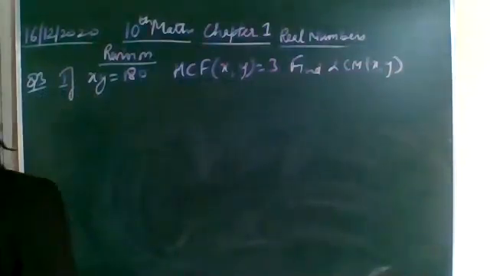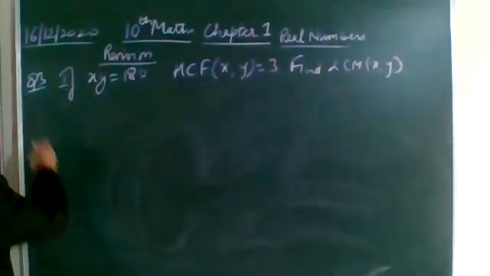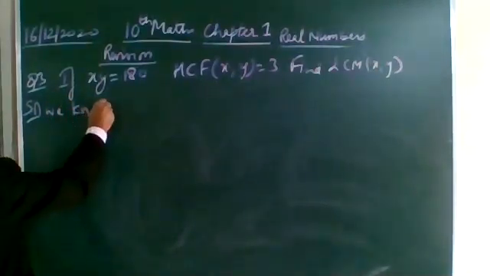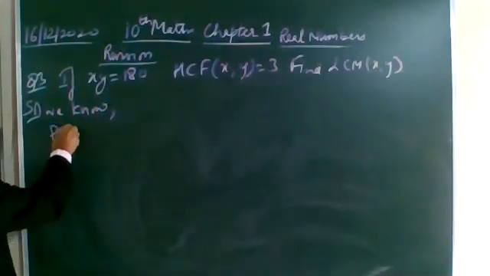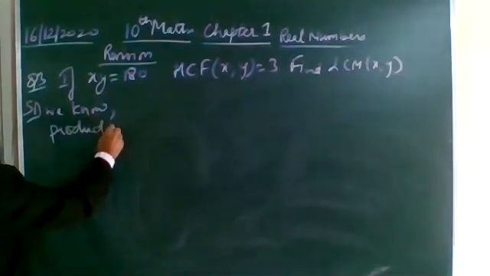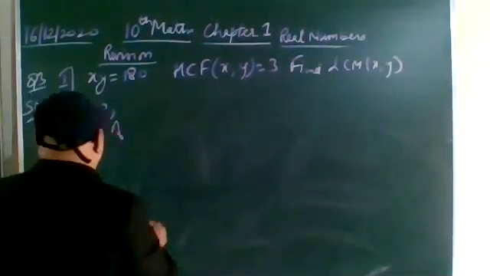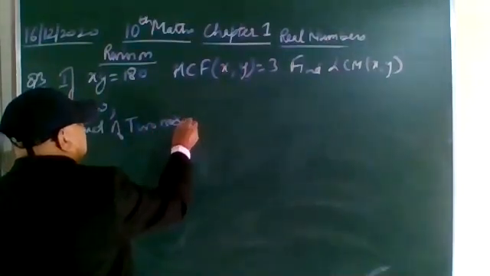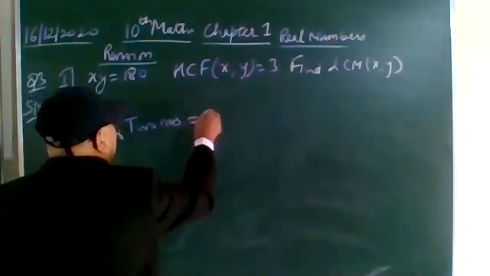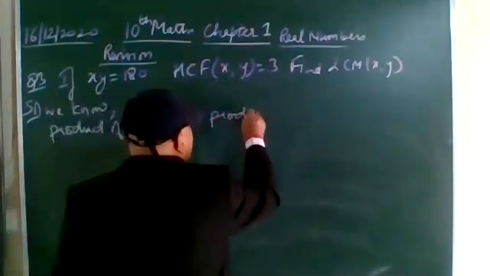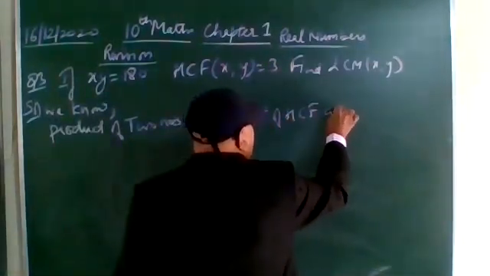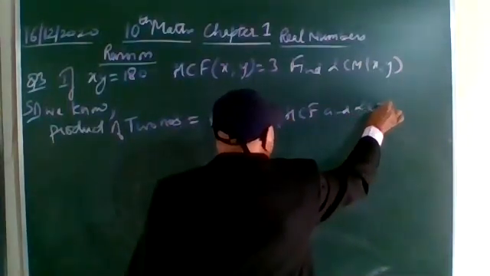I have explained the formula in the last class. So first of all, you write, we know the product of two numbers equal to the product of HCF and LCM.